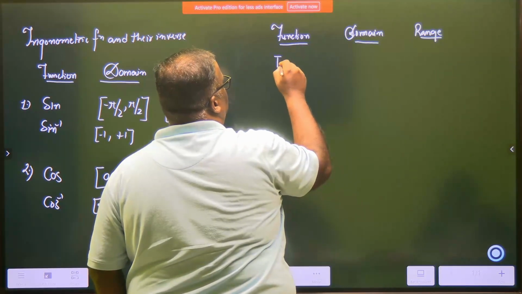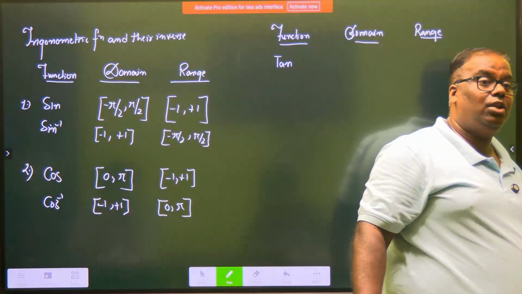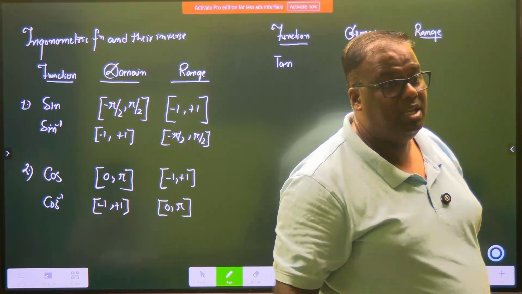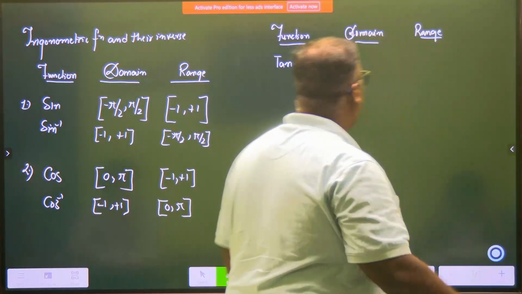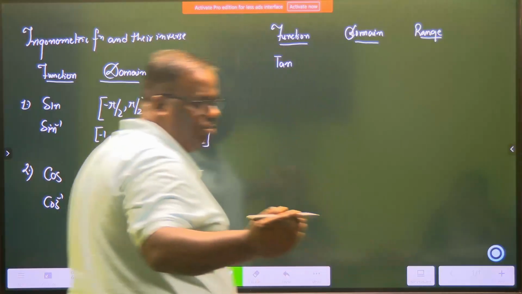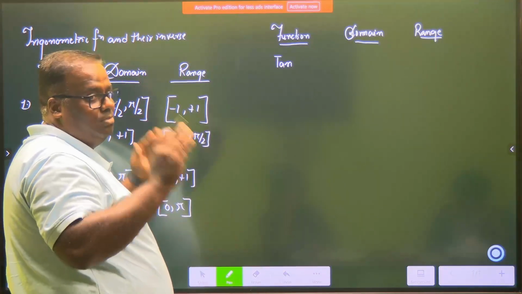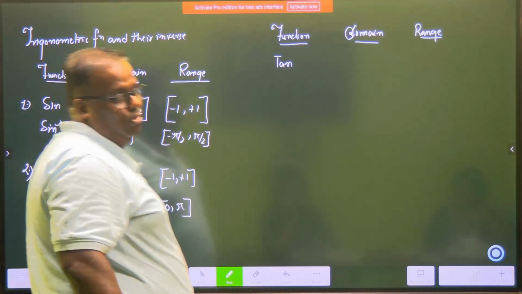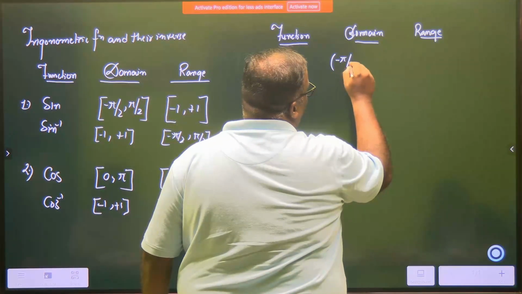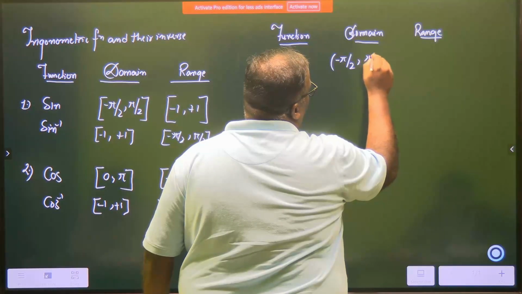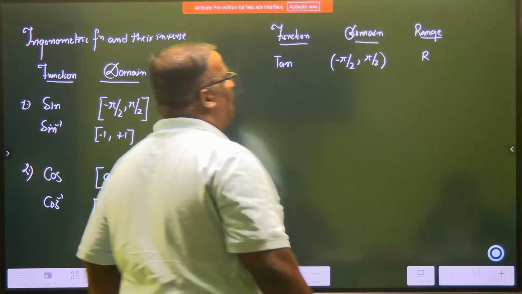Next function is the tan function. Now remember, tan cannot take 90, 270. Tan is not defined for that. So the way to remember, if you don't remember the graph also, tan is just like sine, but with these two not included. So tan would be negative pi by 2 to pi by 2, and the range will be all real numbers.